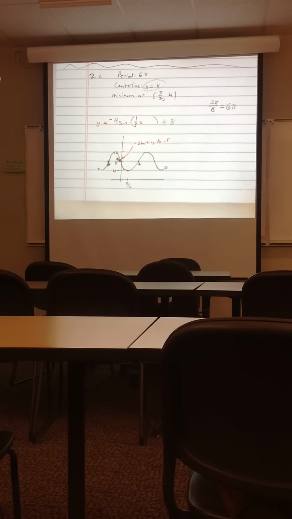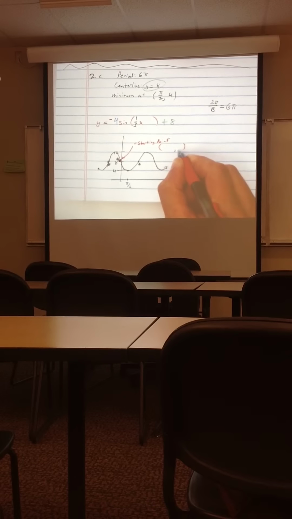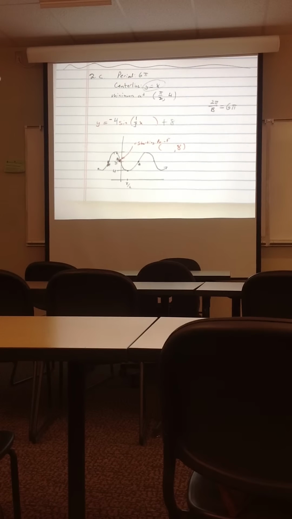If it's x value 0, we can put 0 right here and be done. But I don't think that x value is 0. So, how are we going to find the coordinates at that point? Well, I know the y value, 8. That's not the important part. The important part is the x coordinate. Ideas on finding the x coordinate of that starting point?